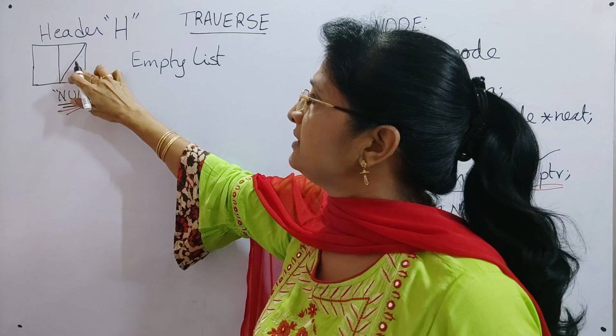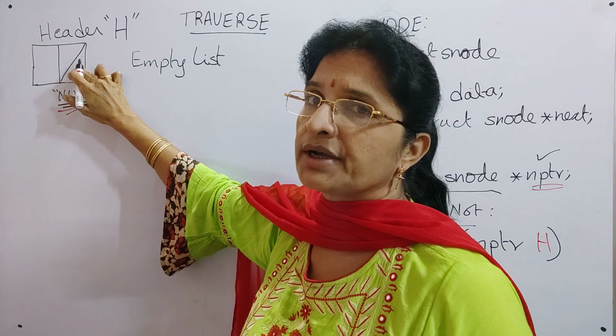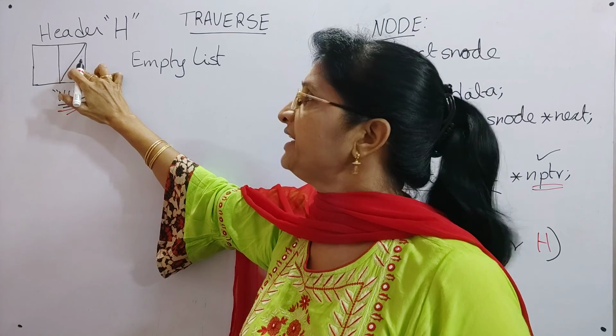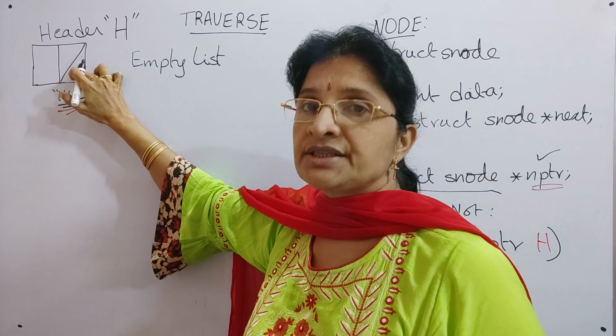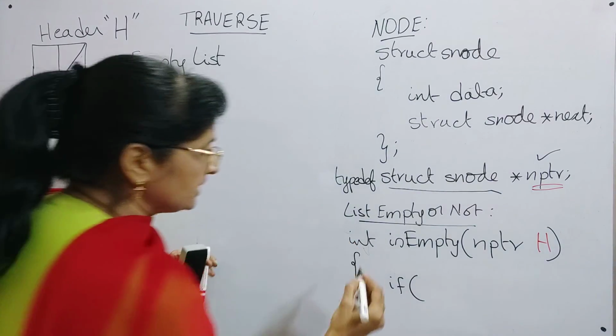So in the H next part we have null. If you have null in the H next part, it indicates that the list is empty. That is what we will use as the condition. How can you write the condition?